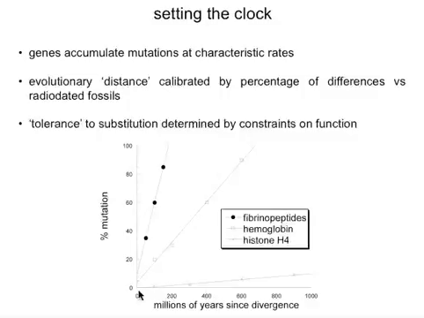If you look here, the histone shows very low mutation rate over a very long period of time. Remember, what we're really talking about is that each cross here represents a sequence from a different organism, and those different organisms are widely divergent in terms of their place on the tree of life: plants, animals, bacteria, etc. And when we compare that to fibrinopeptides, and maybe closer to home in terms of the other molecules that we'll discuss, hemoglobin, we see that other molecules are much less sensitive to mutation.